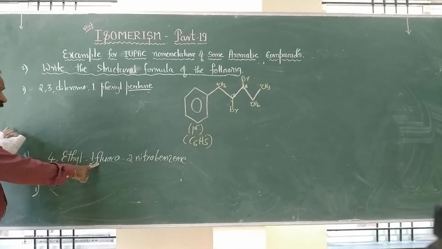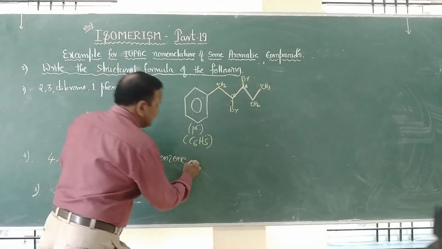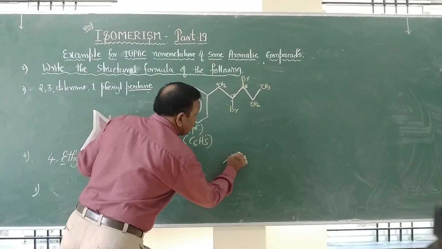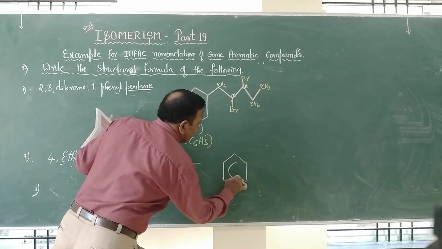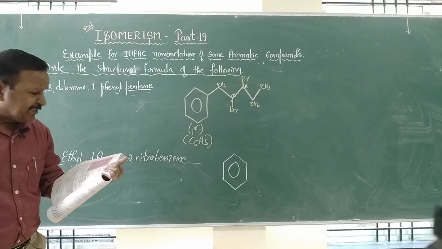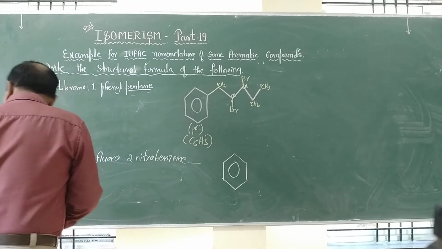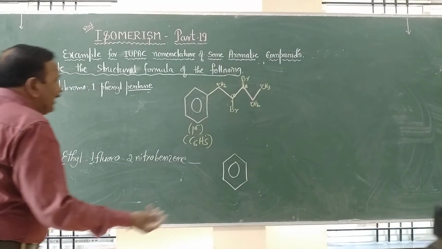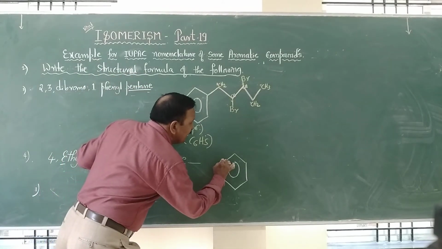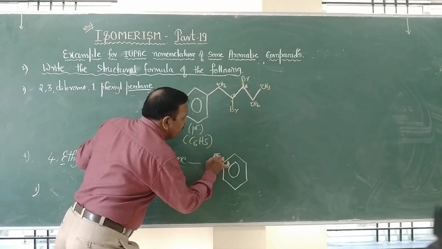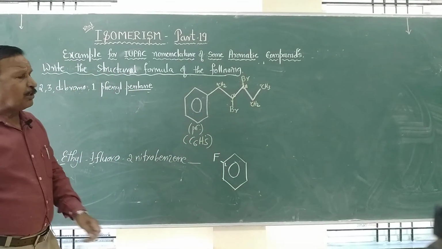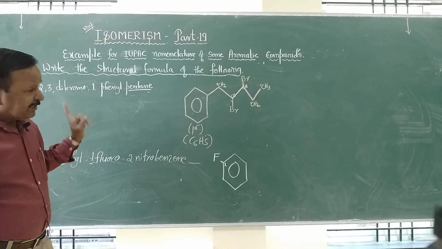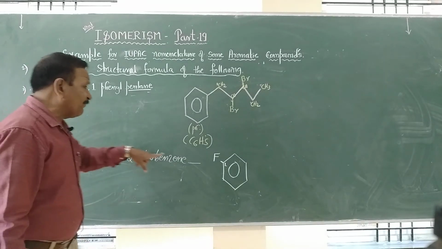So first the halogen will come, then the ethyl and nitro groups will come, and hence the structure for this will be, first you write a benzene ring, and this benzene ring will have fluorine wherever you want. You can write fluorine anywhere you like. If you write fluorine here, then this should be number 1, because in the preferential order halogens come first, and others come afterwards.